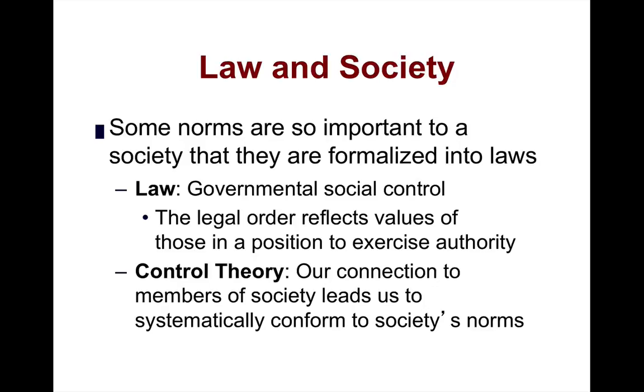If you are able to make law, it's likely that the law is going to reflect your view of how society should work. And it makes sense that those who are not able to exercise that sort of authority are not going to get their views represented by the law.